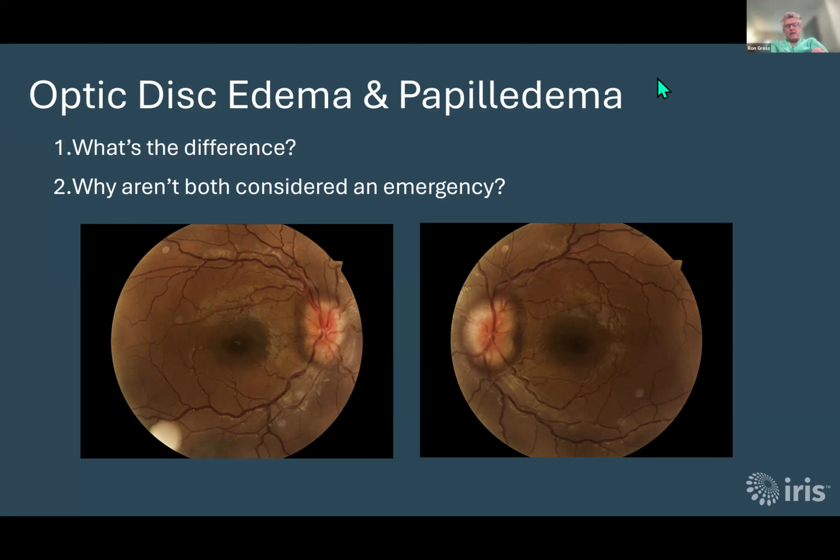And for that reason, it's not an emergency, but it is still something that needs to be addressed, but not quite as emergently. So we differentiate that so that we don't send people who have the problem in one eye. We really just want the emergency for those things that truly are emergencies and are life-threatening in a very short period of time.